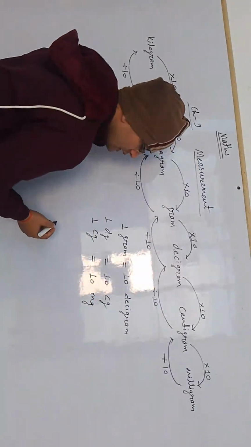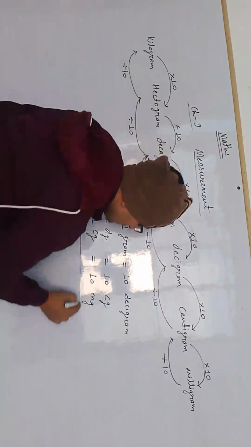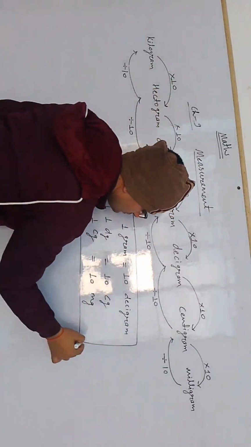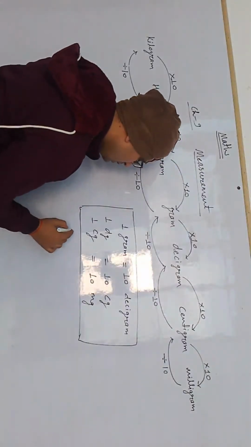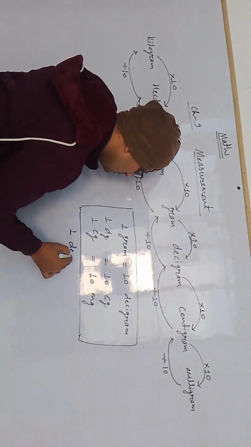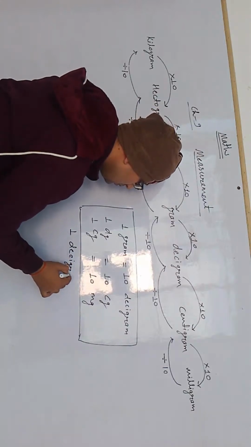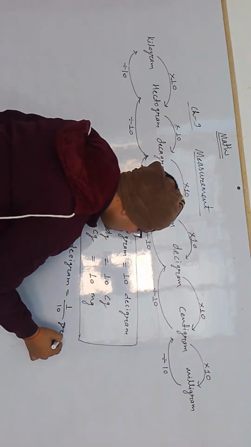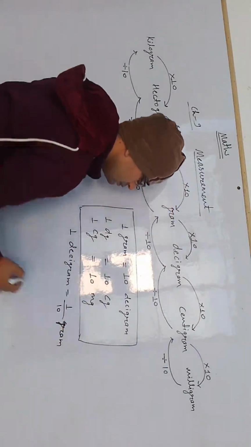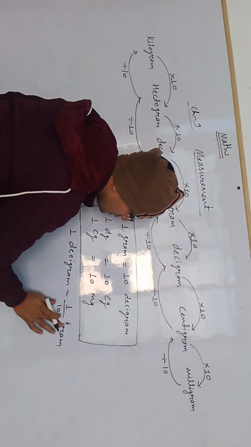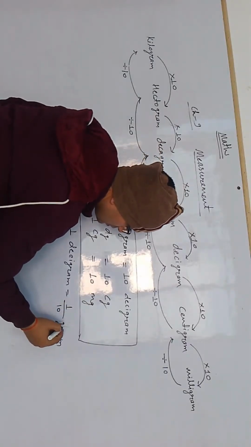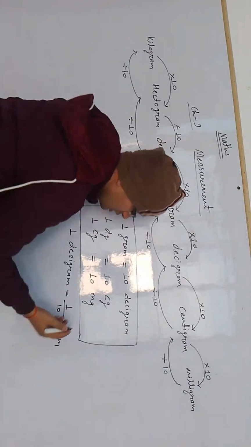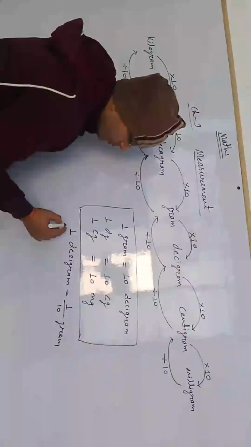Now we write that 1 decigram is equal to 1 upon 10 gram.